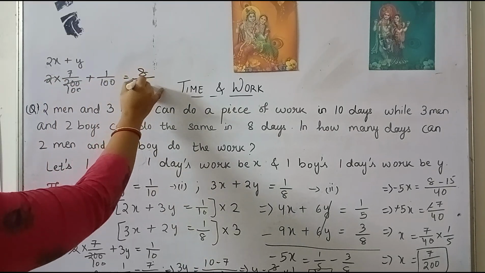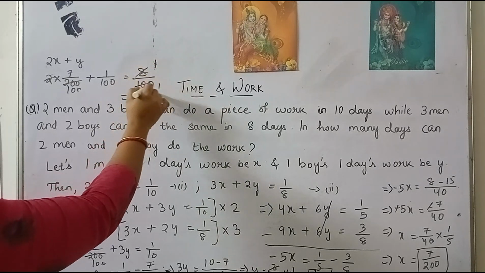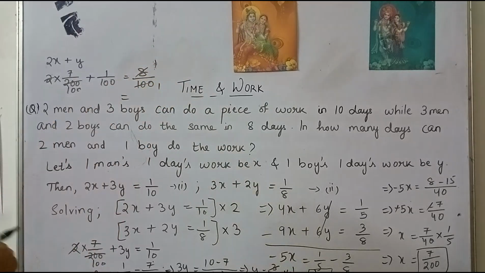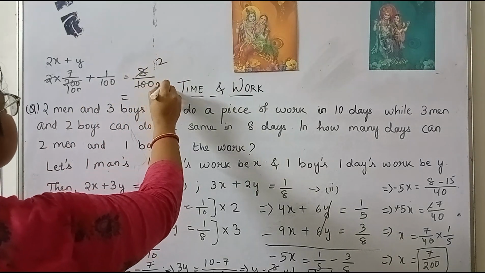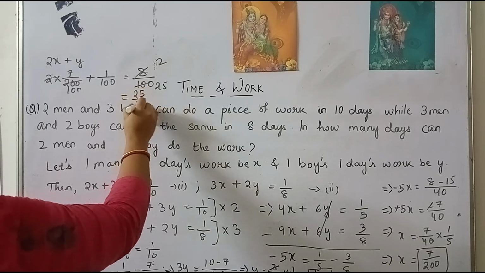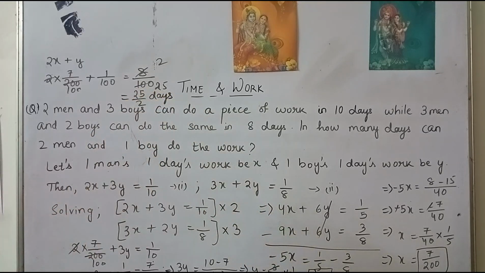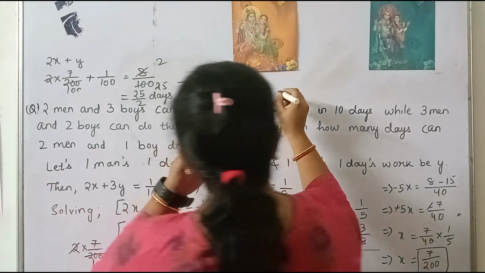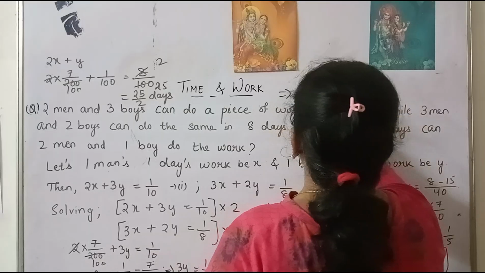So we get 8 by 100. Again this gets cancelled: 8 ones are 8, 4 twos are 8, and 4 25s are 100. So the answer is 25 by 2 days. Or we can even further calculate, it is 12 and 1 by 2 days. This is our answer.